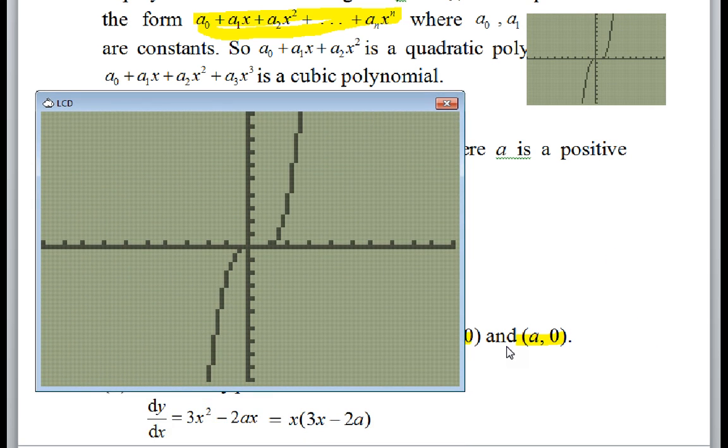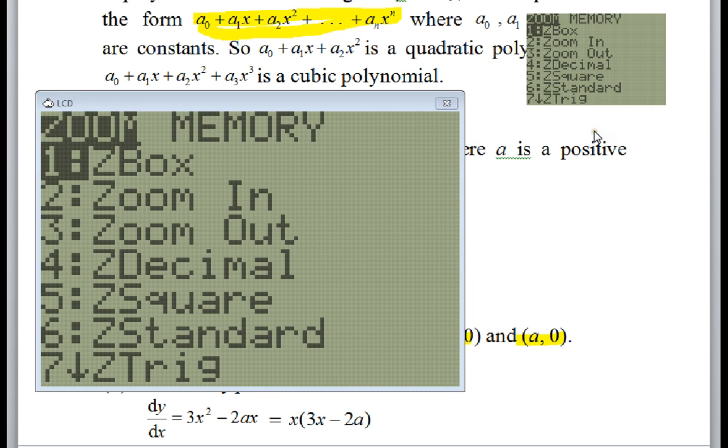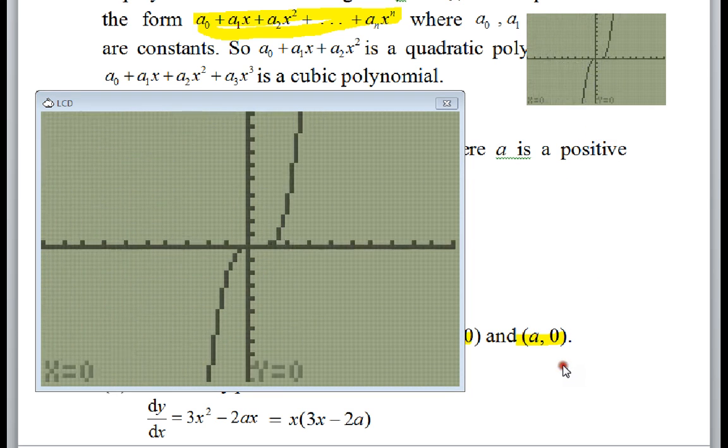This is the part I want to warn all of us. We get a shape. Yes, we get a shape. But does the graph really look like this? There is this part here that is an unknown. So you can do a few things. You can do what is suggested in the notes, or you can use something we call a zoom box. Do you know what a zoom box is?